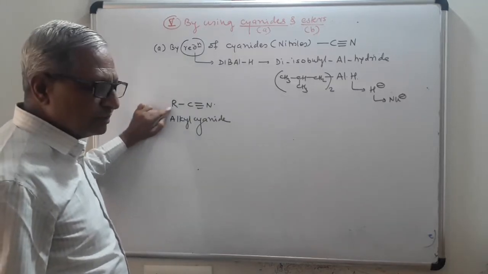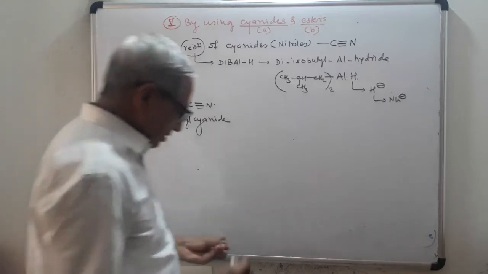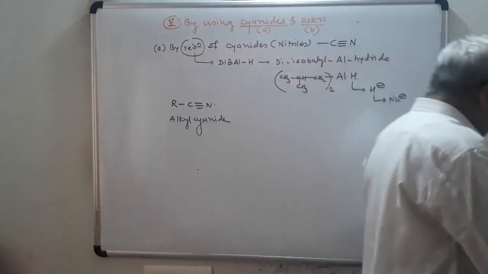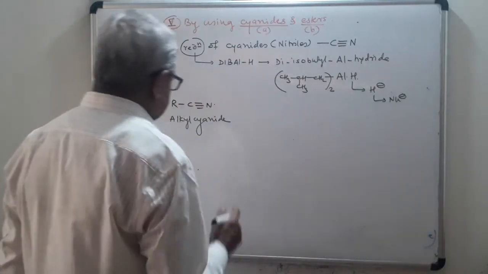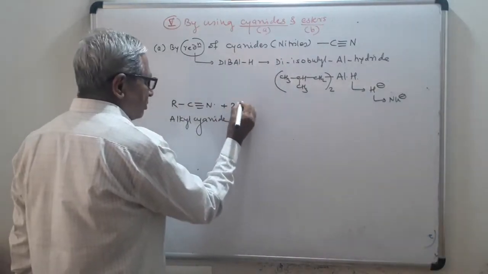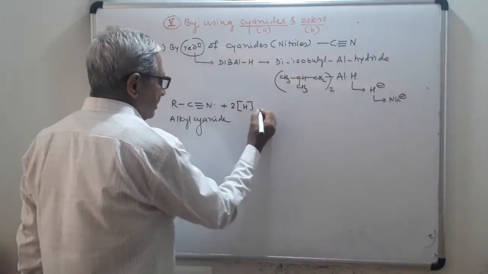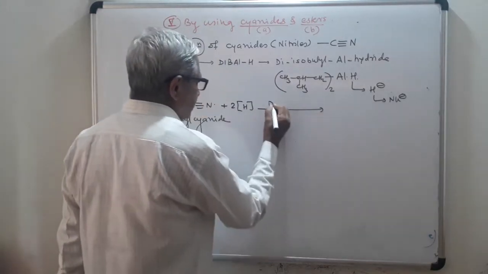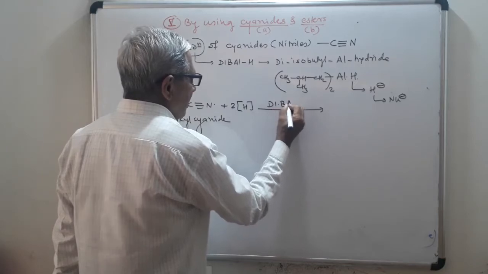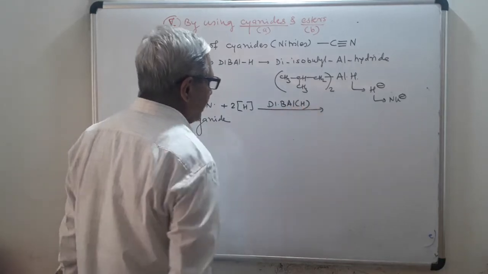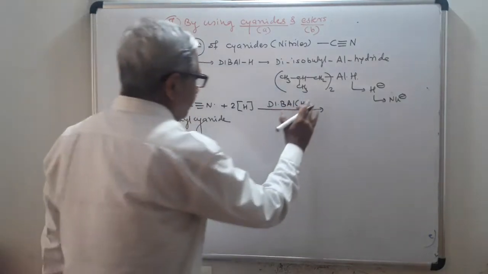R equal to CH3, methyl cyanide. So a number of examples we can prepare here, alkyl cyanides. During this reaction, you will add 2 hydride ions. Reduction reaction will take place by using diisobutyl aluminum hydride.